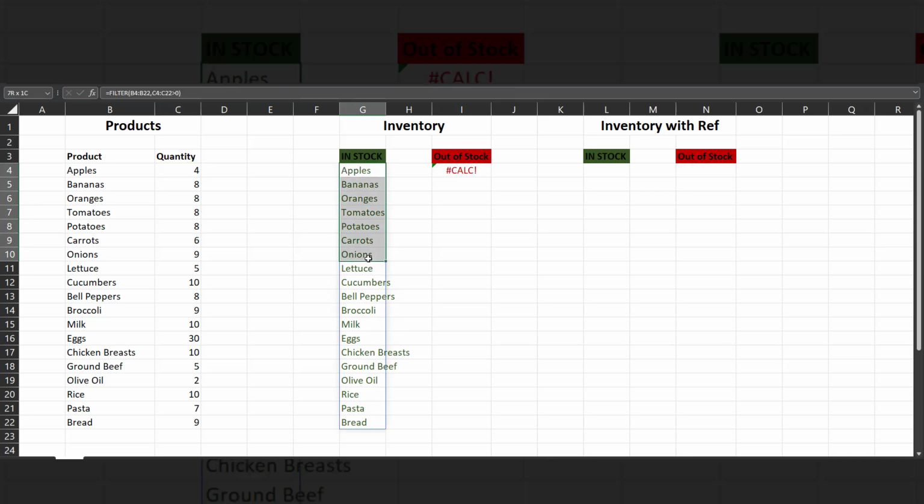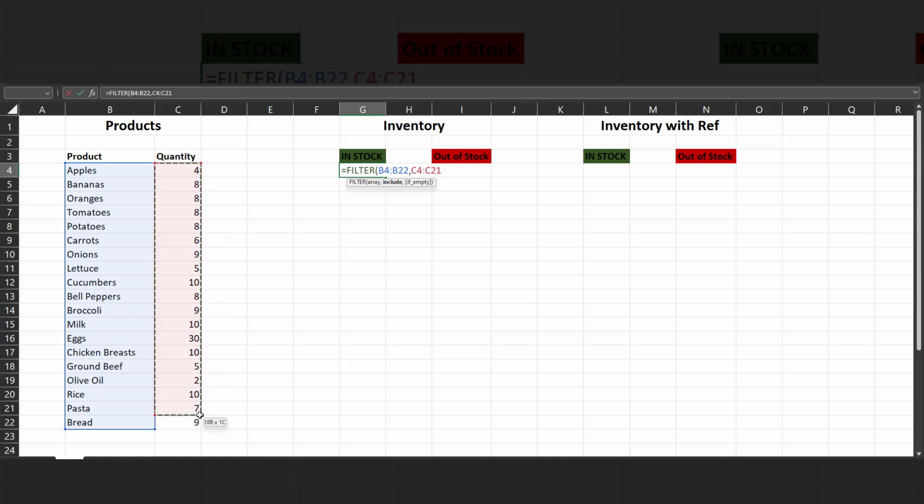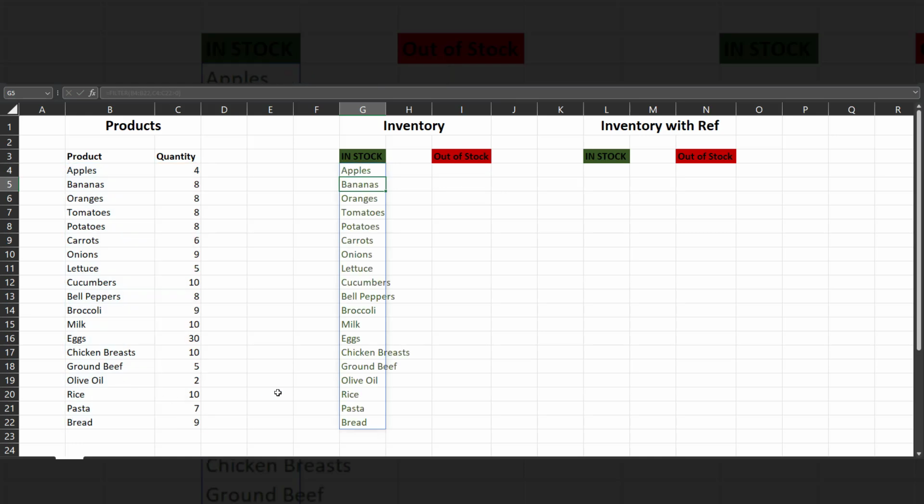So now let me clear it. So now the formula is select the range, also select the quantity range, so now this shows us any product, all the products in stock.